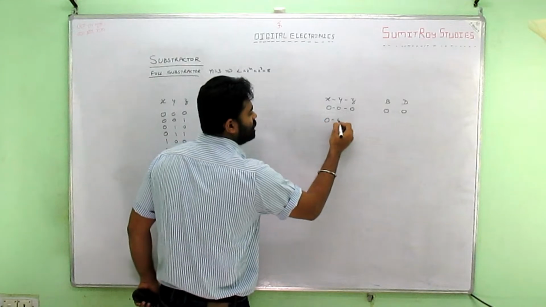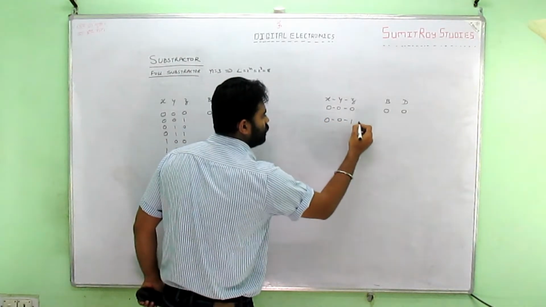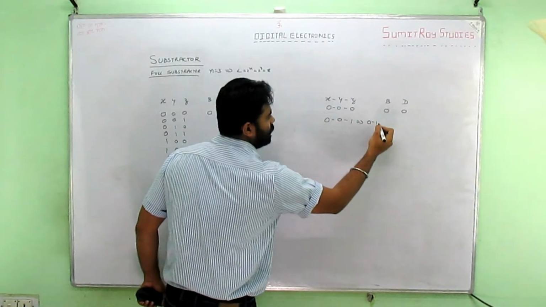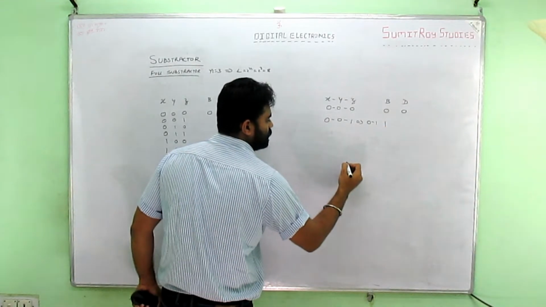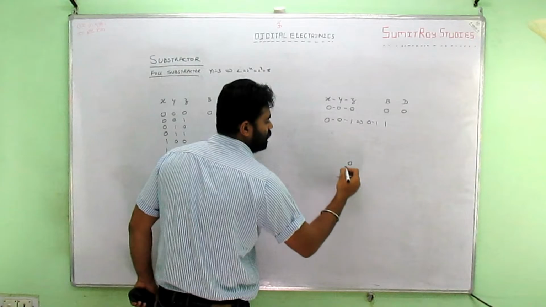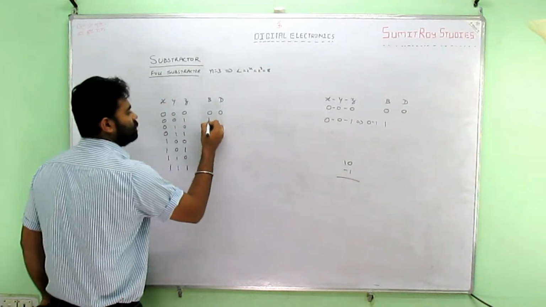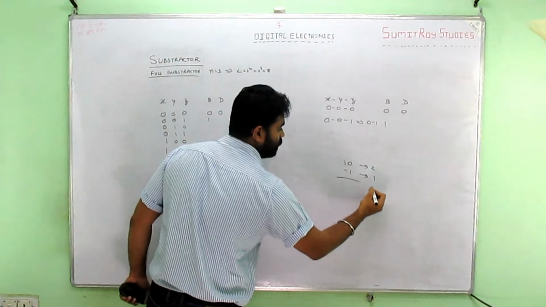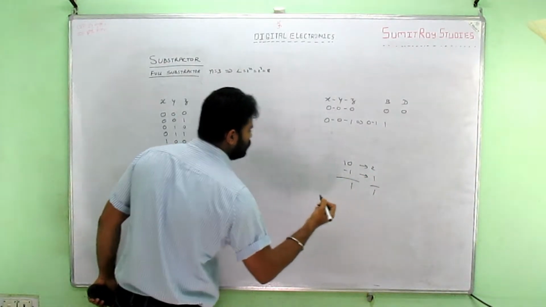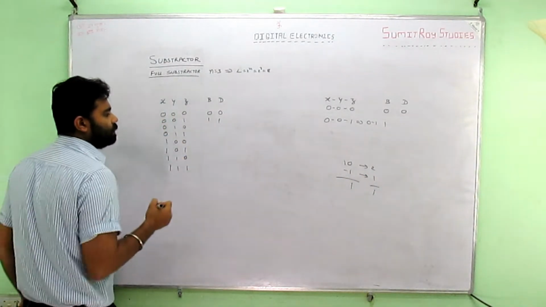If 0 minus 0 minus 1, that is equivalent to 0 minus 1, and 1 has to be borrowed. That is, if 0 minus 1 is done, 1 has to be borrowed. This is 1 and 1 0, that represents 2, and 1 that represents 1. 2 minus 1 is 1, so here also 1.